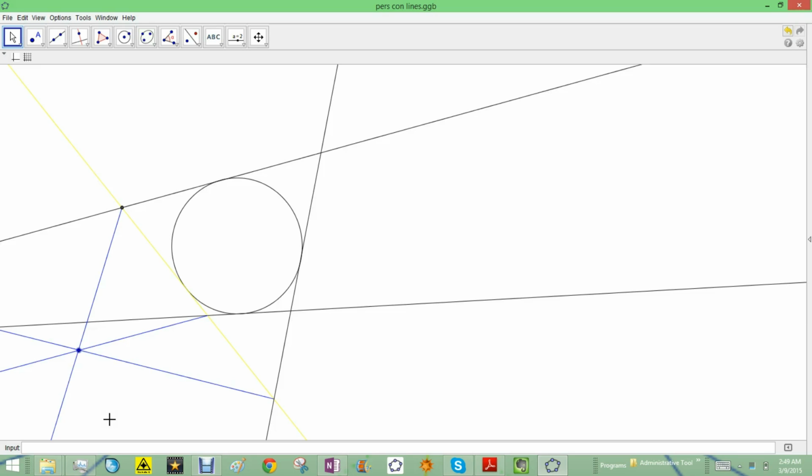So the pencil of a black conic is the set of all lines which are tangential to it. And this is a perspectivity via this yellow line here, which can be called the axis of perspectivity. So the story is actually pretty similar to before. We insist that the axis of perspectivity be a member of the pencil of the conic.